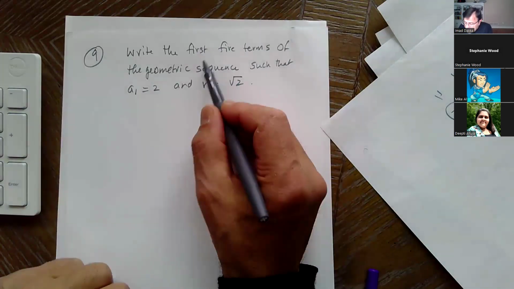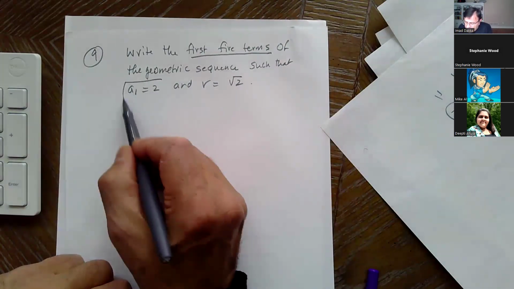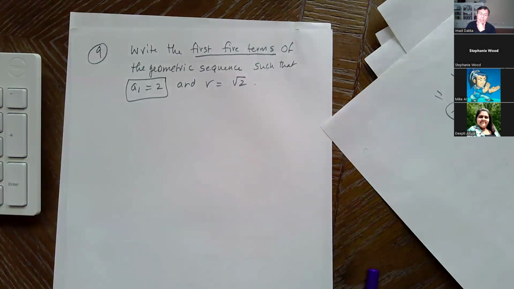So you need the first 5 terms. You already have the first term, so you need 4 more, okay?